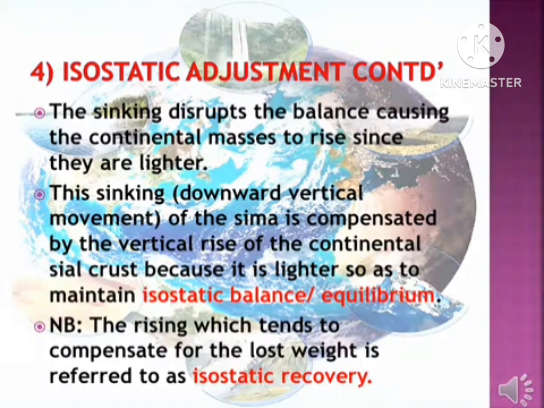The sinking tends to disrupt the balance, causing the continental masses to rise since they now become lighter. This sinking of the SIMA is compensated by the vertical rise of the continental SIAL crust since it is lighter, so as to maintain the isostatic balance, also known as the isostatic equilibrium. It's good to note that the rising which tends to compensate for the lost weight is known as isostatic recovery.